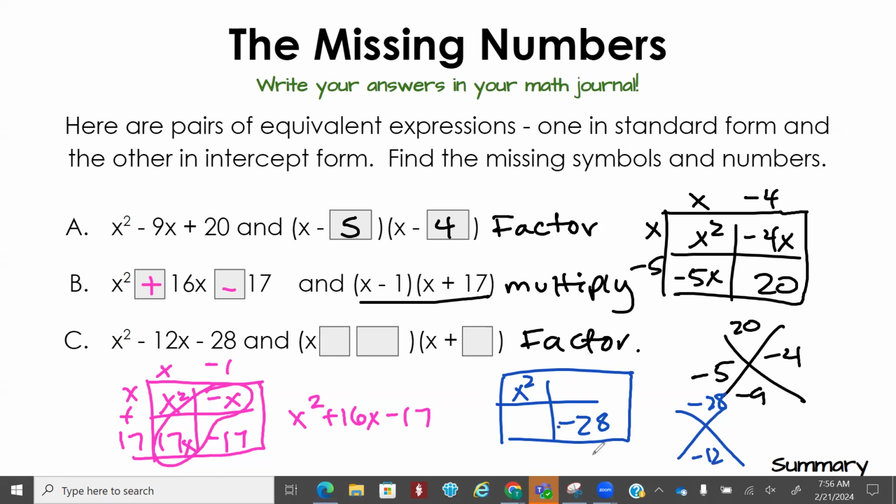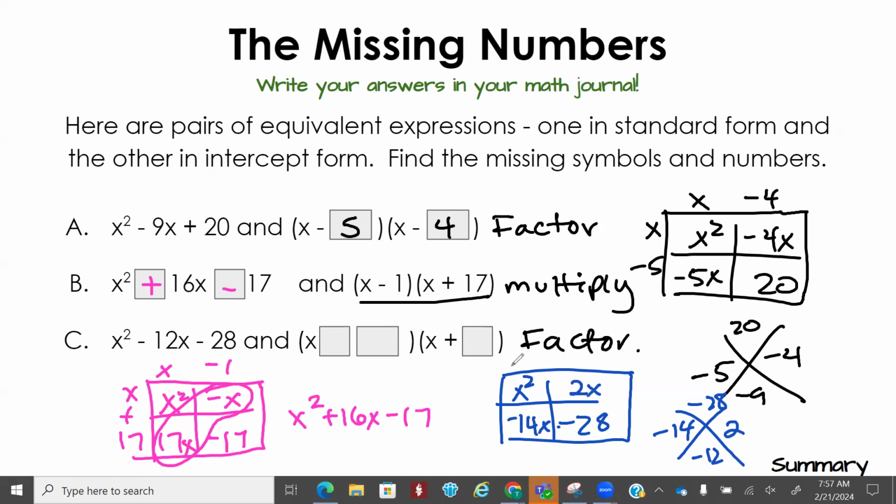What two numbers can I multiply together to get me -28, but add together to get me -12? 7 and 4? 7 plus 4, 12? No. Okay. What else can we multiply together? -14 and 2, right?